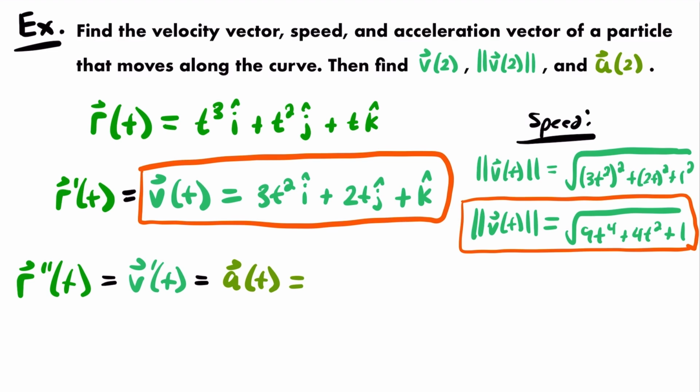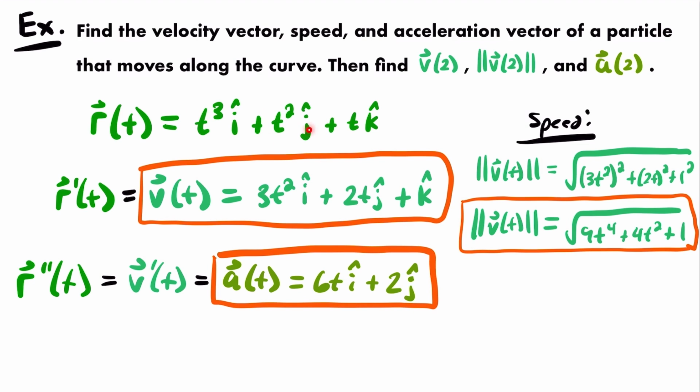The derivative of 3t squared is 6t, so we have 6ti, plus the derivative of 2t, which is 2, so we have 2j. And then the derivative of the z component, which is just 1, the derivative of 1 is 0, so we would have 0k, but I'm not going to write that because the component is just 0. All right, so the acceleration vector only has an x and y component, which is totally fine. That can happen. And so we're done. That is the acceleration vector for this given position vector.